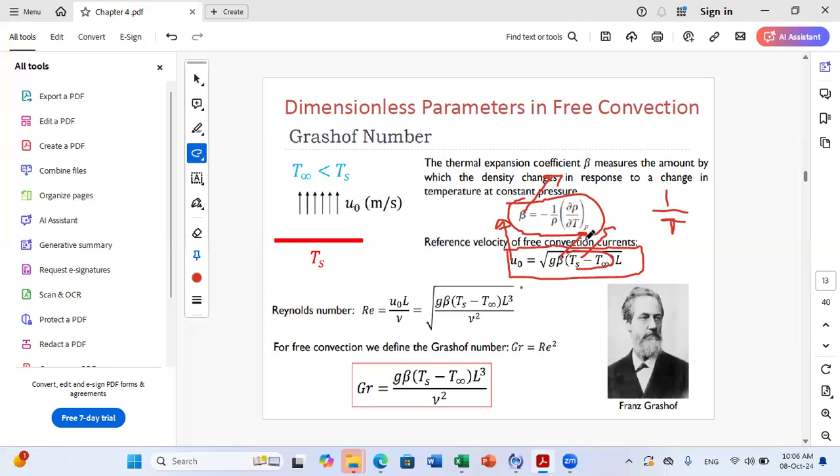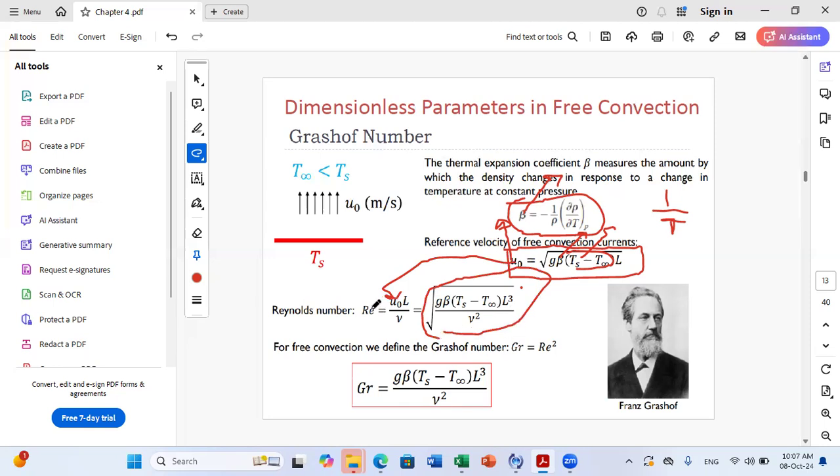Now we know that in fluids, one very important number to characterize the behavior of a fluid is Reynolds. And Reynolds is velocity times length over viscosity. Since we have the expression of velocity that is related to free convection, if we replace it in this equation, we get an expression for a dimensionless number that is similar to Reynolds in fluids, but we'll call it Grashof.